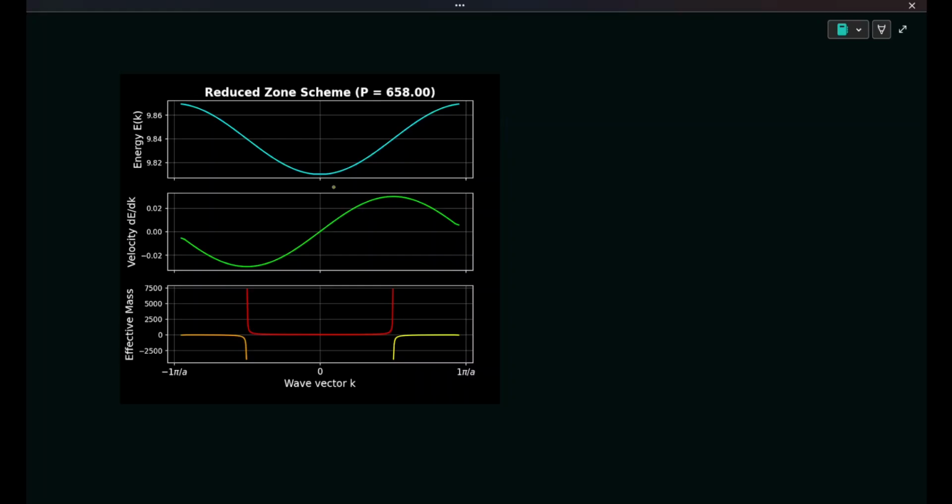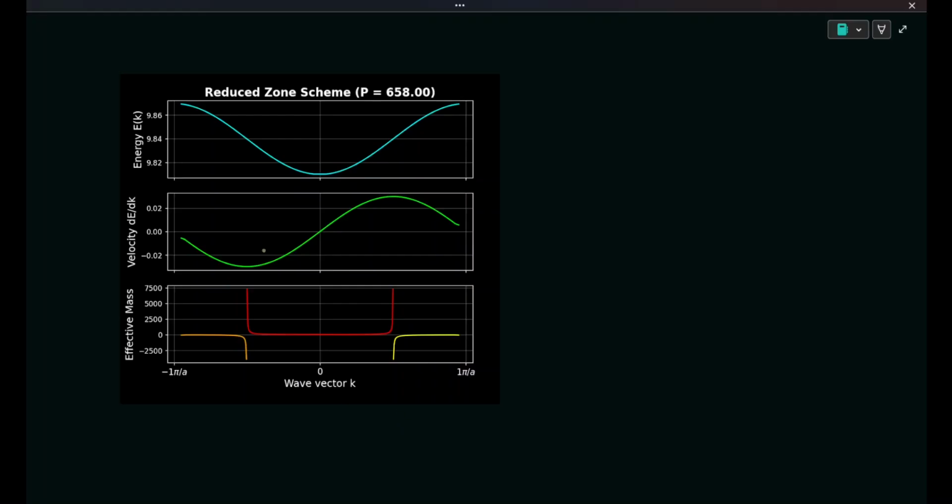If you take the derivative of it, you will see that the derivative is not a constant, but is also a function. So this means that the velocity of electron is not a constant inside a periodic potential, and it depends on the wave vector k.